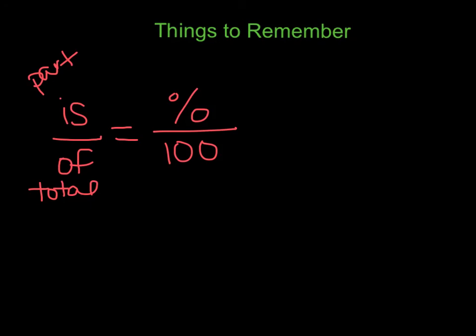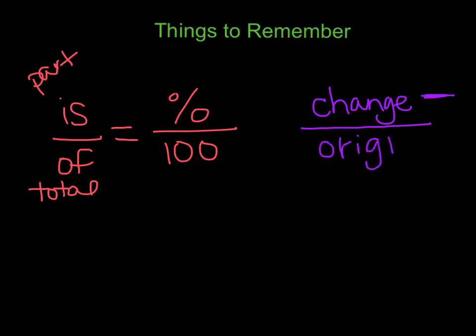The other piece that I need you to remember is that when you do percent of change, you find the amount of change, or the difference, which you find by subtracting, and you put that over the original amount and change that to a percent.